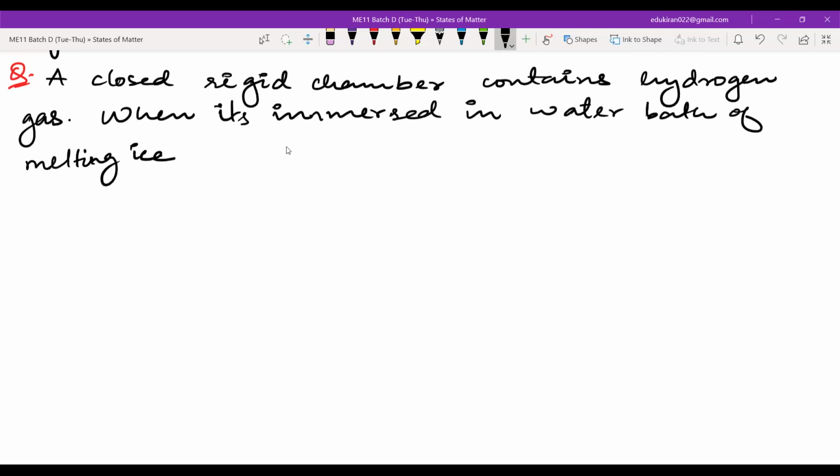That means you have melting ice. Melting ice will have what? 0 degrees Celsius, right? The temperature will be 0 degree Celsius. When it is immersed in water bath of melting ice, the pressure was 107 kilopascal.